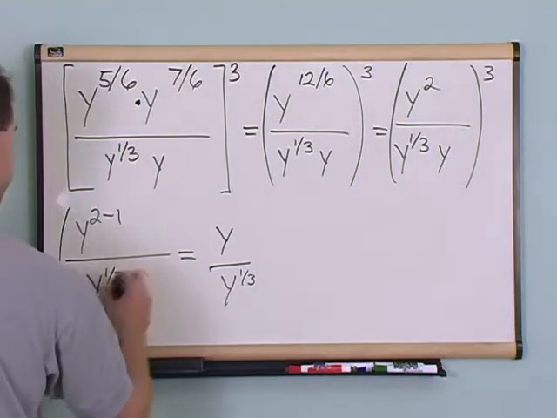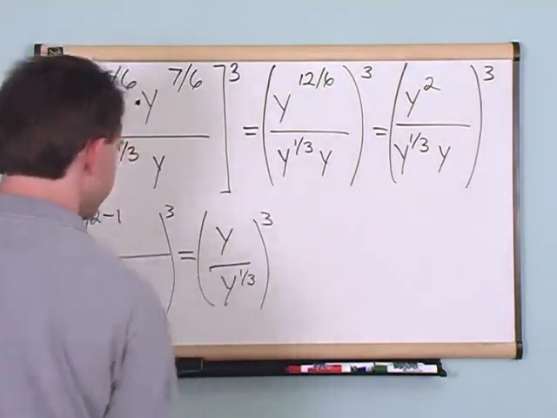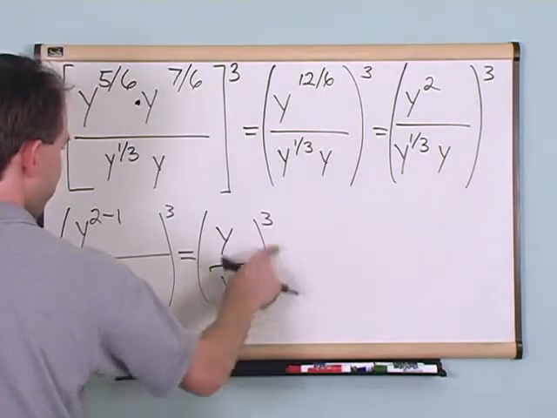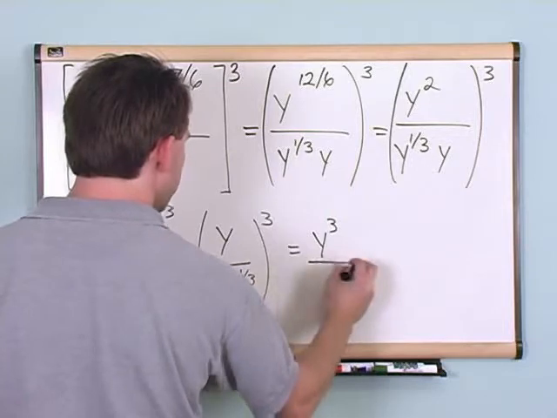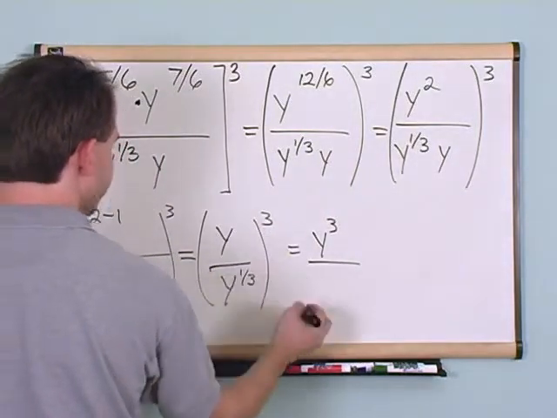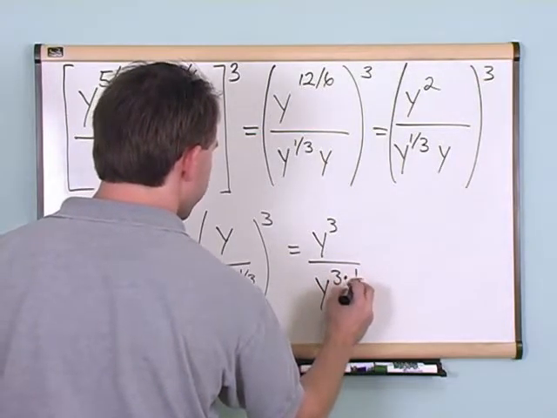And don't forget, this quantity, again, was cubed. So now I'm going to apply this exponent to both top and bottom, which I can do. On the top, I'm going to have y cubed. On the bottom, it's an exponent raised to an exponent, so I'm going to have y to the 3 times 1/3.